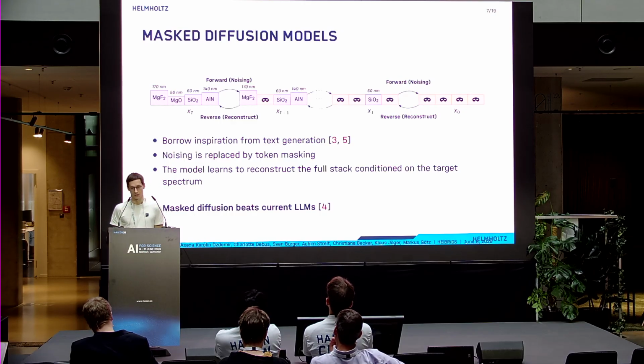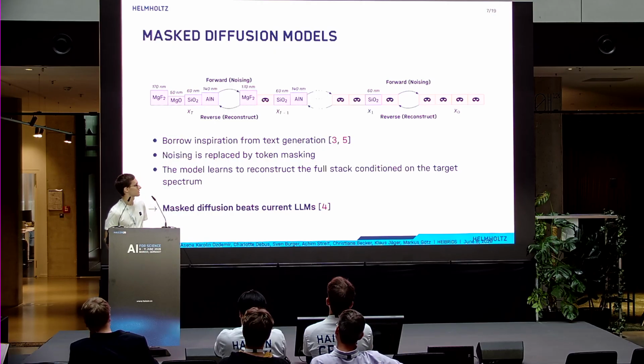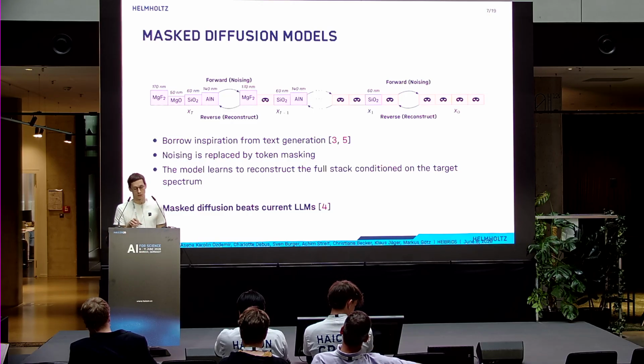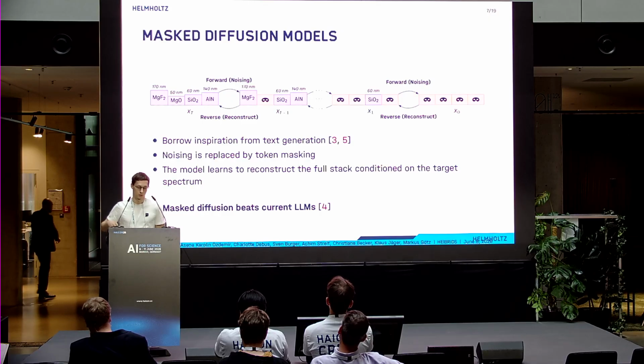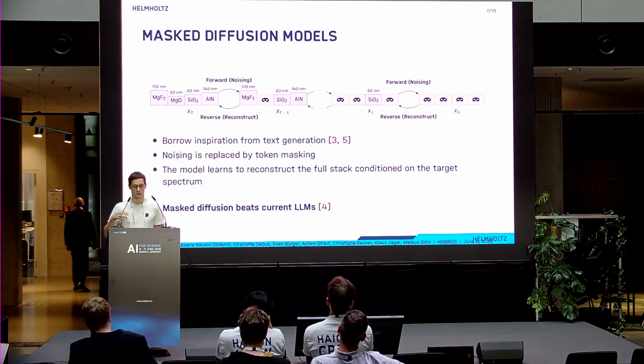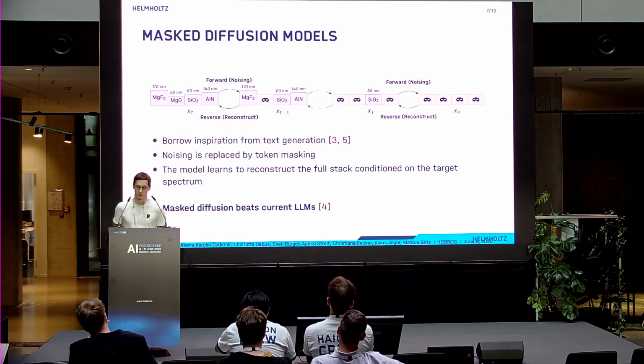Instead of the normal noising process, we use the remasking process. So in the beginning you have your sequence, and then according to a schedule, there's a probability to flip a token to a mask token.